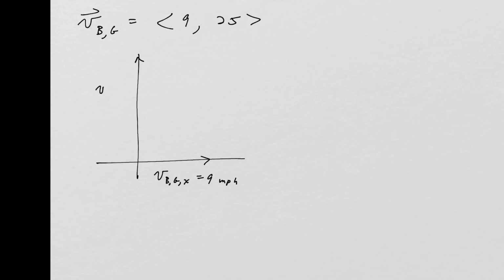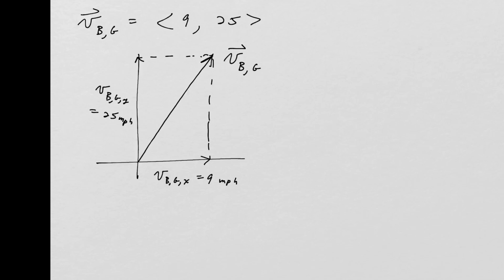And then V_BG in the y is equal to 25 mph. So the actual velocity vector is this one. This is the only velocity that could have those two components. So that's the one we want. So this is the velocity of the ball relative to the ground. After it's left the window, that would be the direction it would appear to be going.